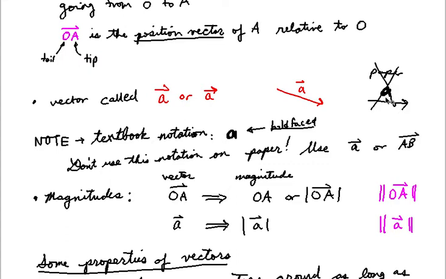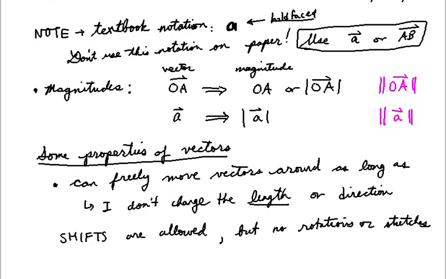So when we do it in writing, we always use the arrow notation. Keep that in mind, please. Always use arrows when you're writing on paper. It can be very confusing because later on, if you don't write the arrow, it becomes just a variable, and your answer would be incorrect. So please don't do that.